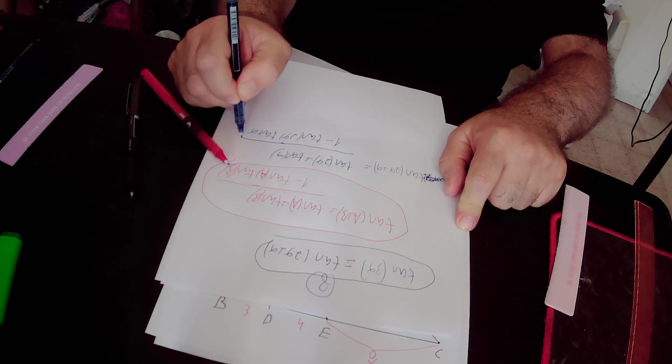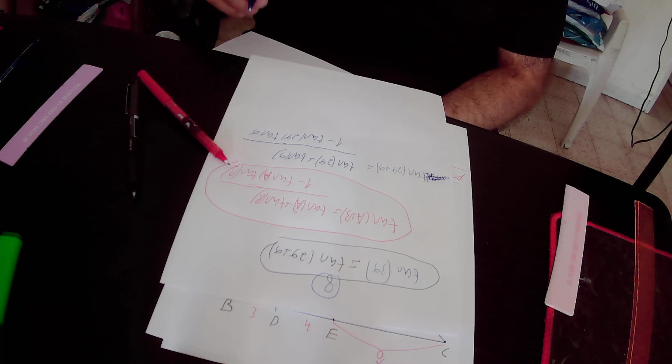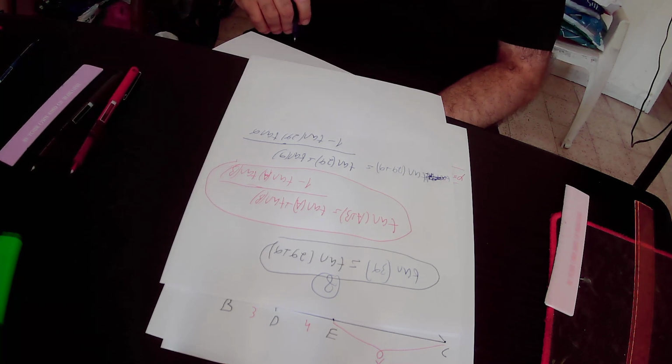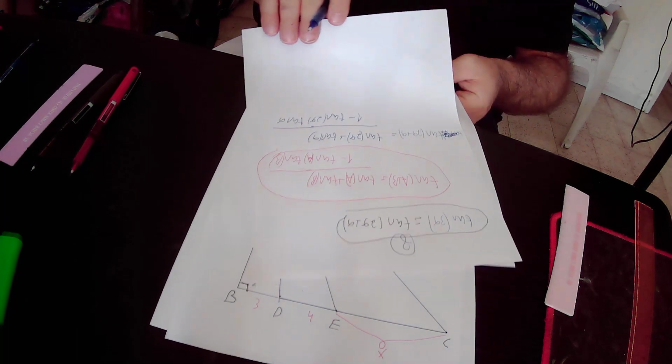Okay, so the value of tangent 2 alpha plus alpha according to this trigonometric identity will be equal to tangent 2 alpha plus tangent alpha over 1 minus tangent 2 alpha times tangent alpha.